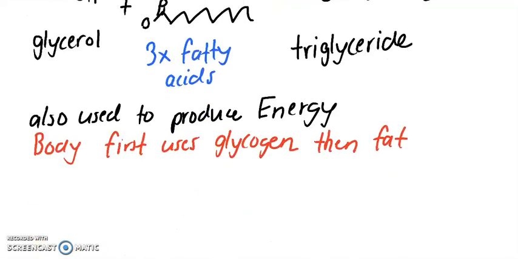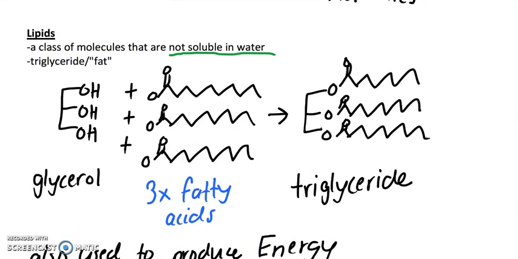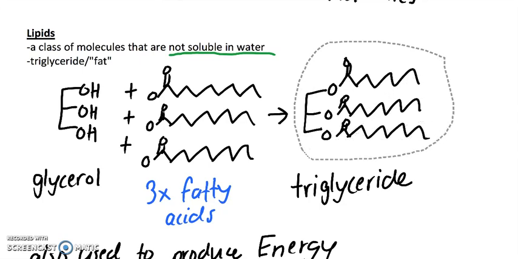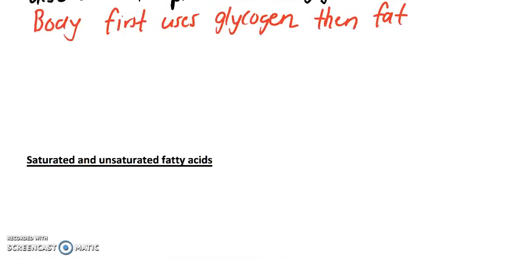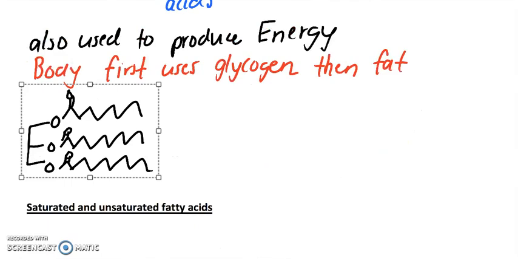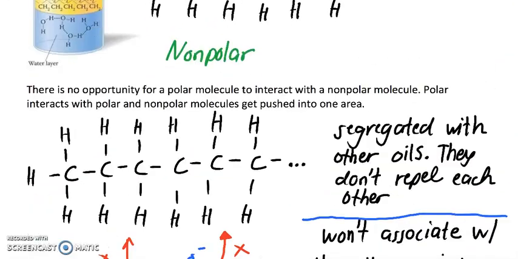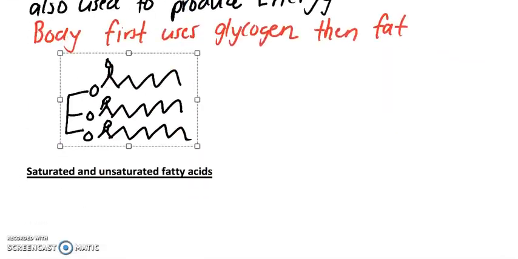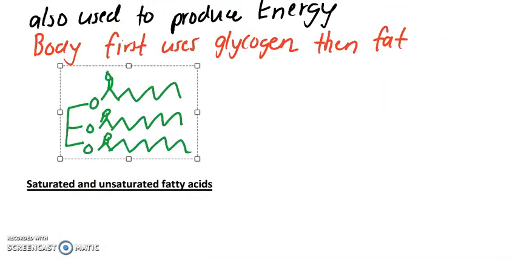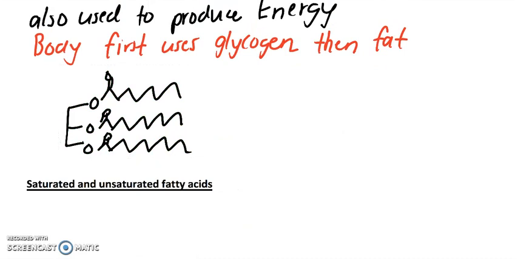Okay, and let me take this structure and put it there. So just like our oil molecule right here, this also contains 3 long chains of hydrocarbons. So here's a super long chain. There could be more.